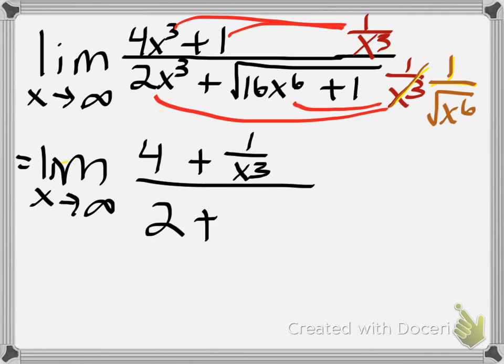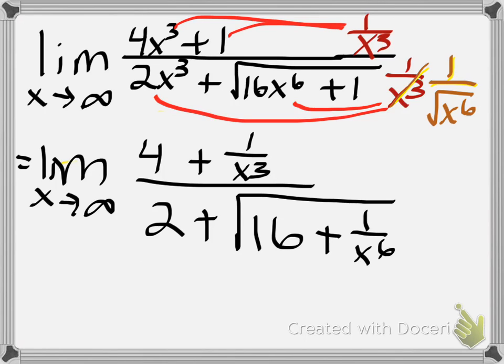That way we can actually combine the square roots, which just makes it easier. So the square root still stays, it's just that now everything can in fact be underneath the square root. So 16x to the 6th times 1 over x to the 6th is just 16, and then plus 1 over x to the 6th.